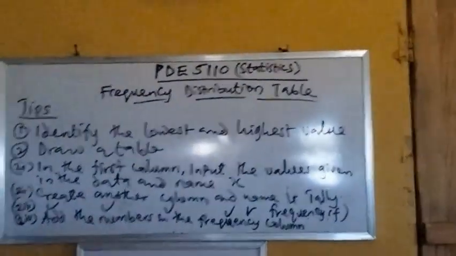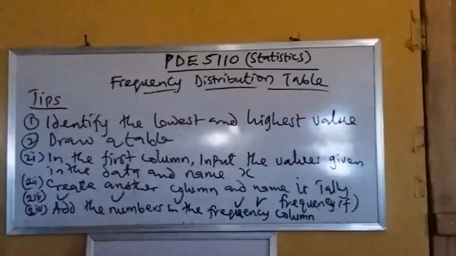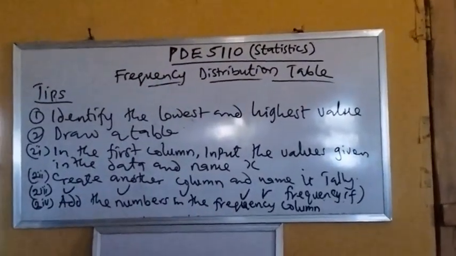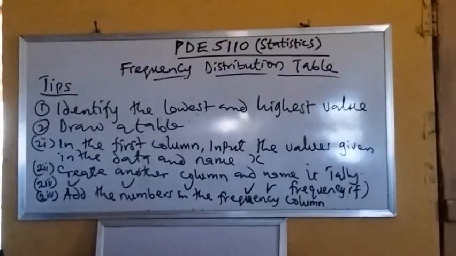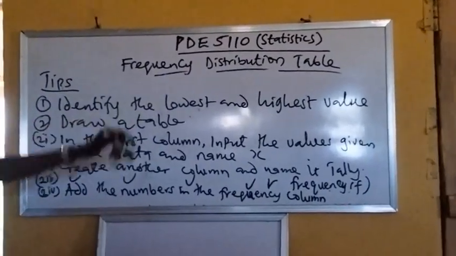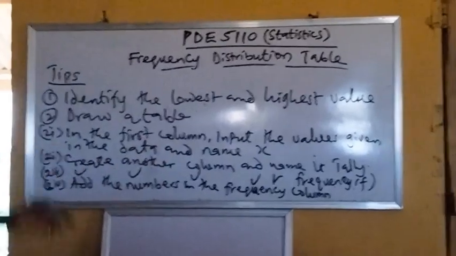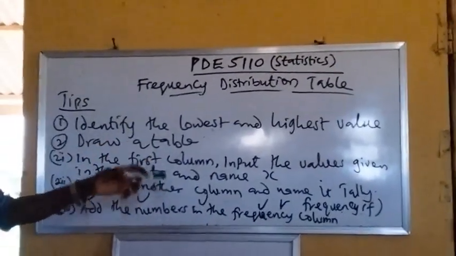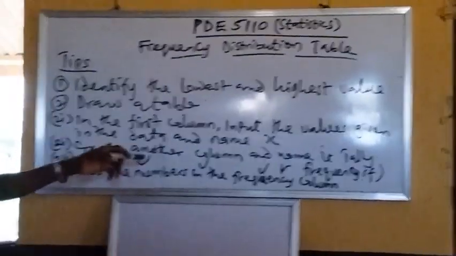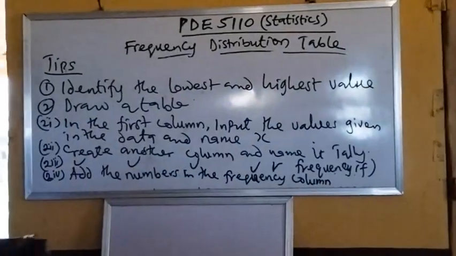Now, let me write the question here. Identify the lowest and highest value. Draw a table. Then in the first column, input the values given in the data and name it x.